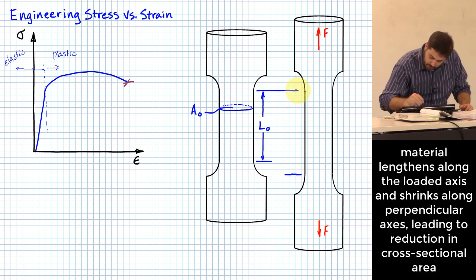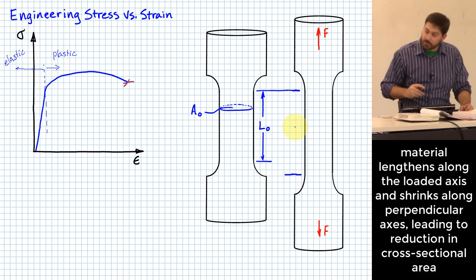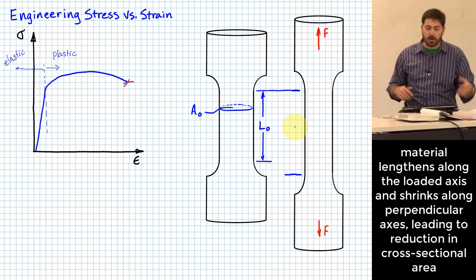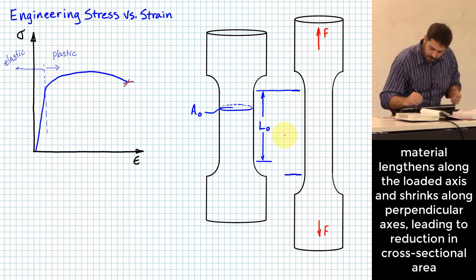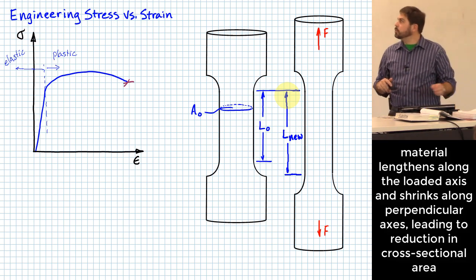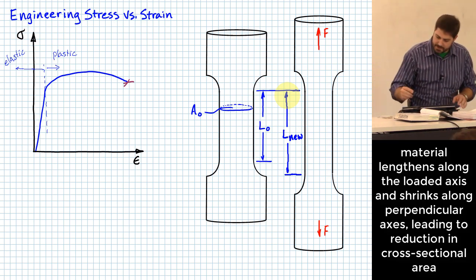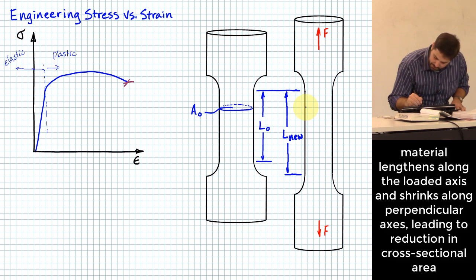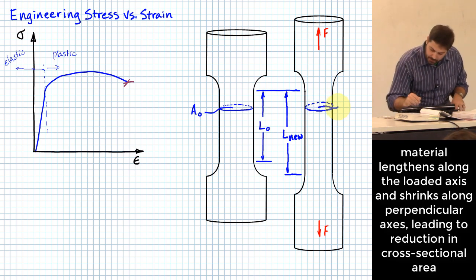Just because I don't want to come up with too hard to understand terminology here, let me just call this L new. So we get to a new length. Also, at the same time, there's a different area that we've now caused to happen on this middle part, this gauge portion of the material, and we can call that maybe A new.